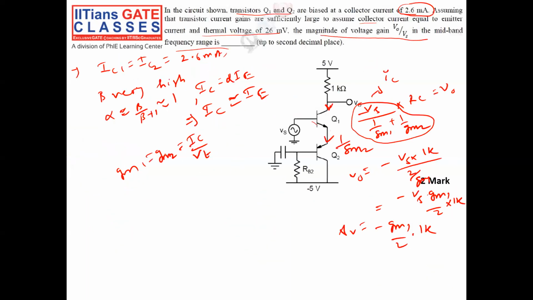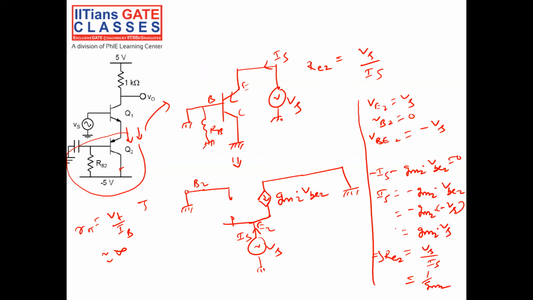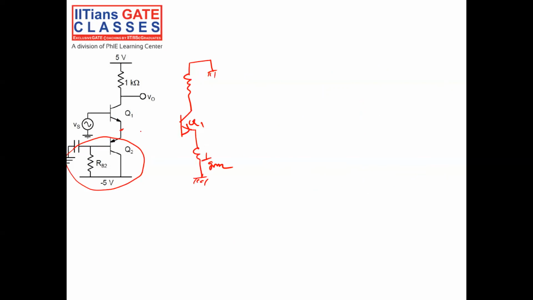So this I put to ground. Then this transistor is Q1. Then from this emitter, the whole Q2 I can replace by a resistance 1 by GM2, because we have seen that the resistance looking in is 1 by GM2, and from base to ground I have a source Vs.